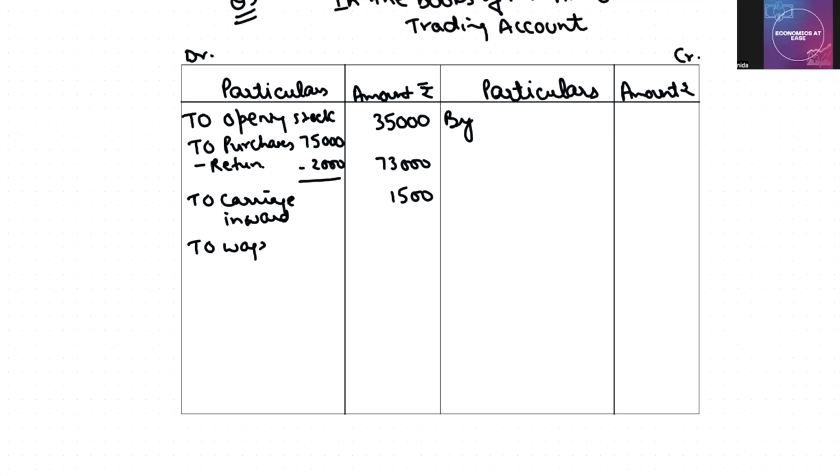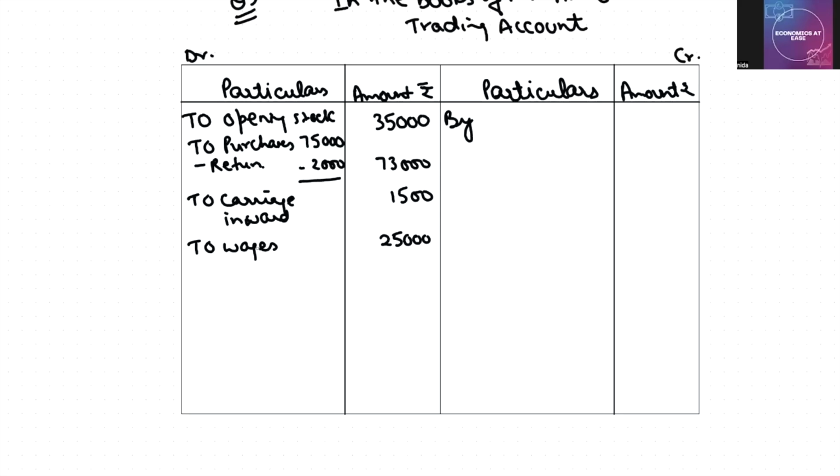Wages is 25,000. If salary was written here first, then it would go to the profit and loss account. Wages and salaries are in the trading account. Remember this. I think it's sufficient now.